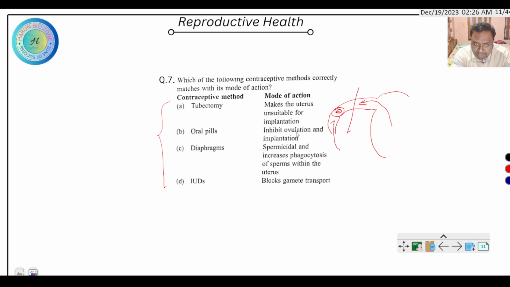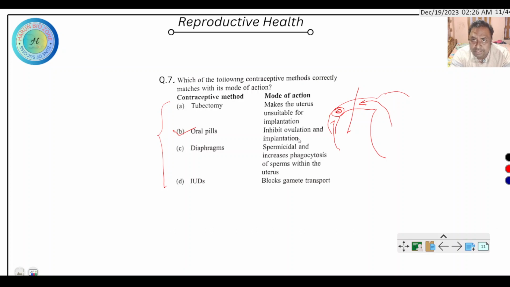Oral pills inhibit ovulation and implantation. B is the correct answer, because oral pills inhibit the endometrium bed formation and also inhibit the ovulation process. Diaphragm, spermicidal: not. Diaphragm is just a condom-like structure.